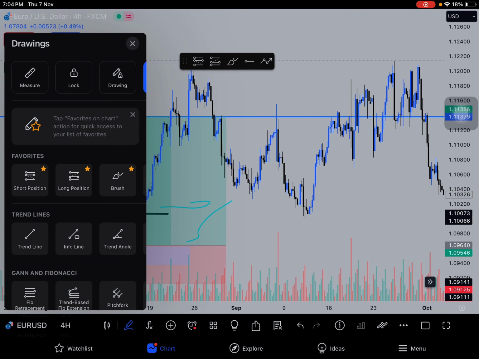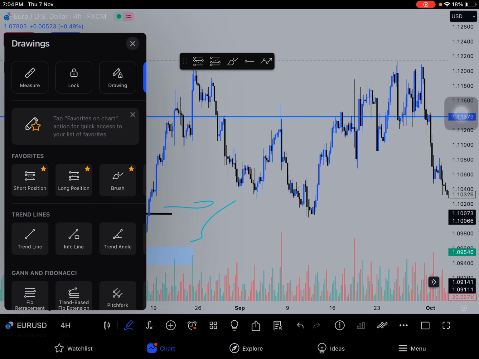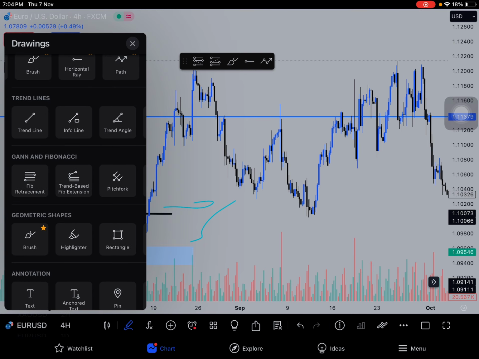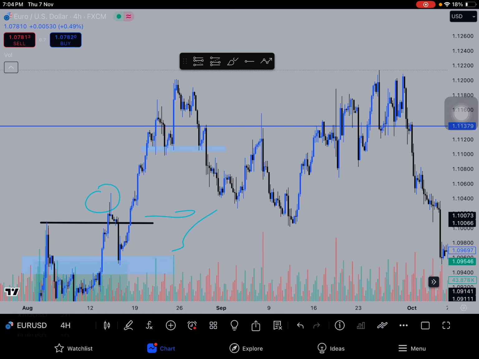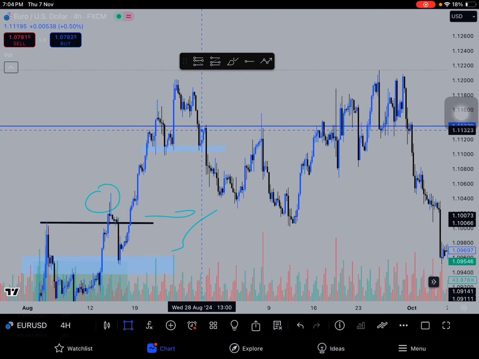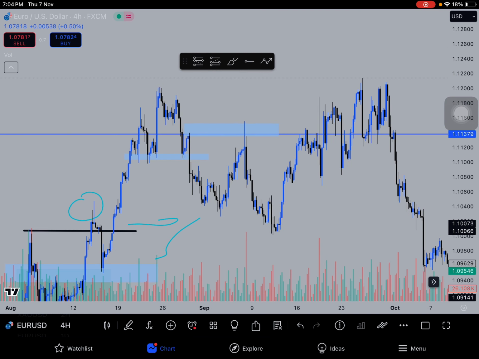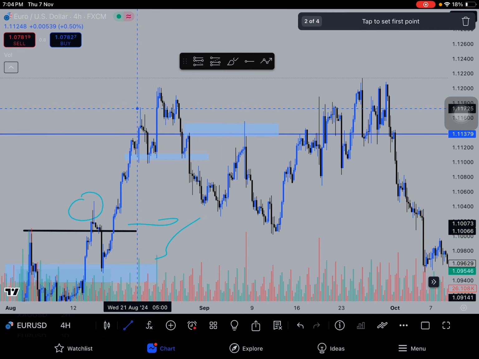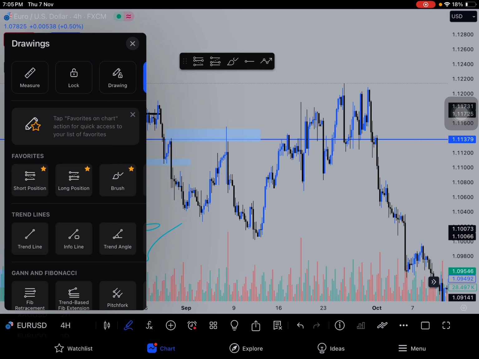What happened here is there is a support here, right? There is a support here and there is some resistance here. So what happened here is price broke the high, right? Price broke the high, and what we are thinking is price should continue higher from here.